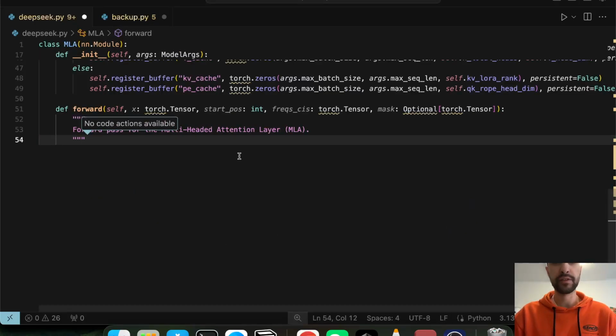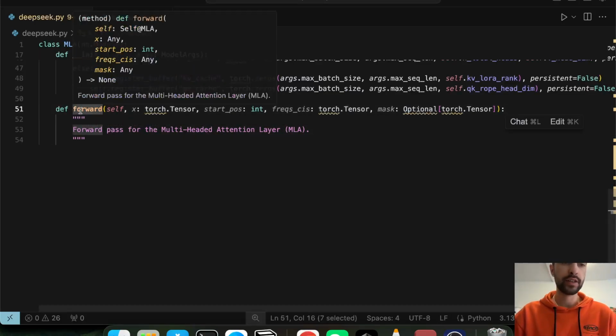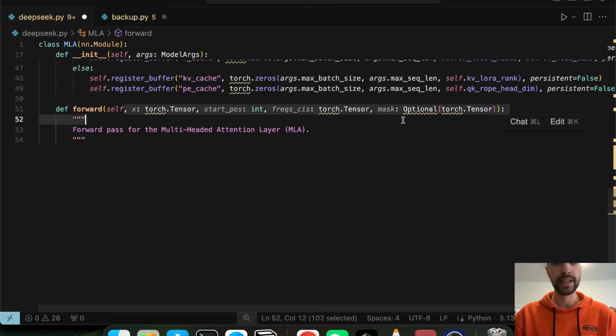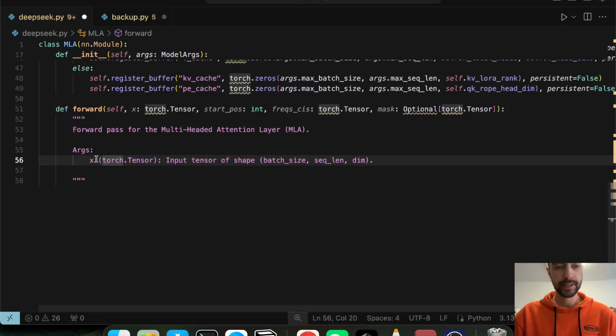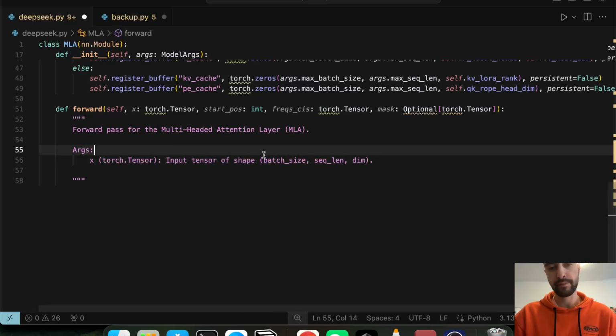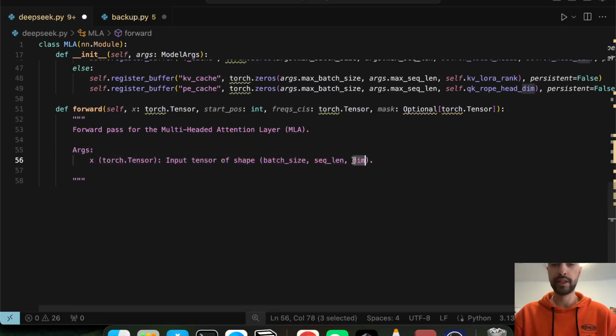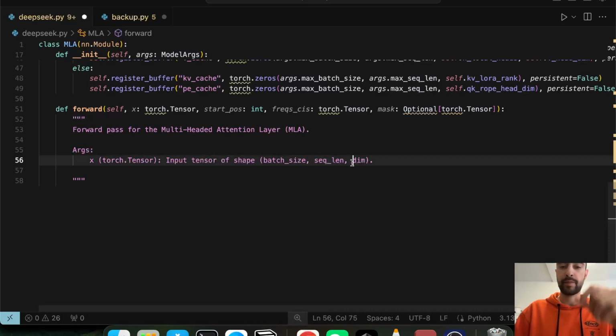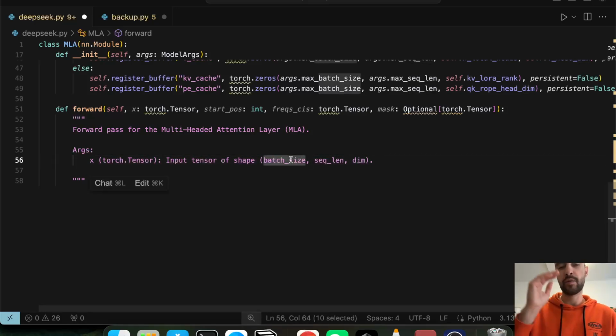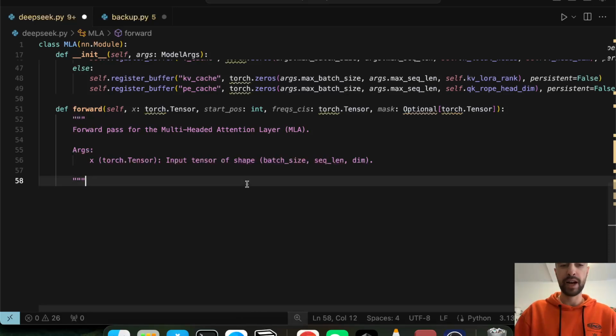Now we can start with the forward function. It's going to take some parameters, and I will explain each here in the comment. Arguments: x, input tensor of shape batch size, sequence length, and dimension. This is an array of embedding tokens. The sequence length is the context window. Each context window has tokens, and each token is represented with a vector. So sequence length, dimension, and batch size is how many conversations in parallel.